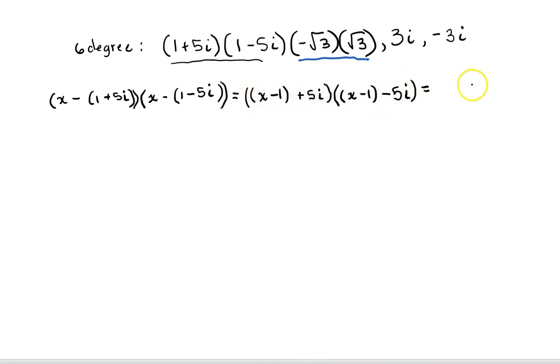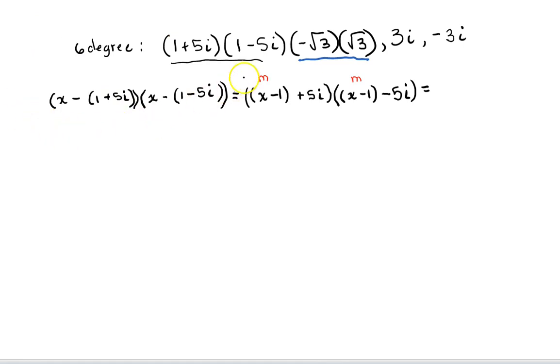It winds up being one of those default forms that we already know. If this is too confusing, you can use a substitution. I'll use m. I can use m plus 5i and then m minus 5i, and then put my x minus 1 back in after I've done that multiplication. It can be a little confusing just because you have so many pieces happening here.